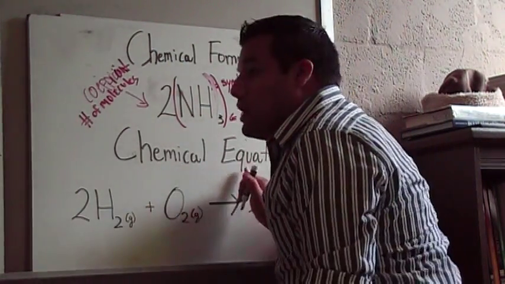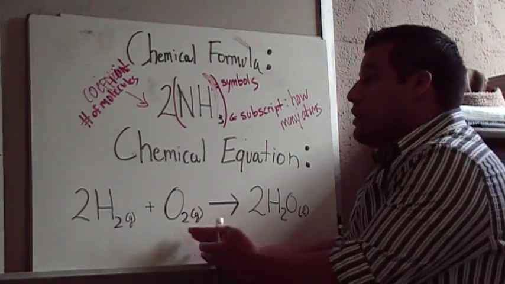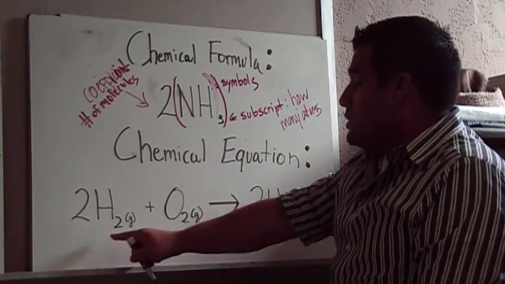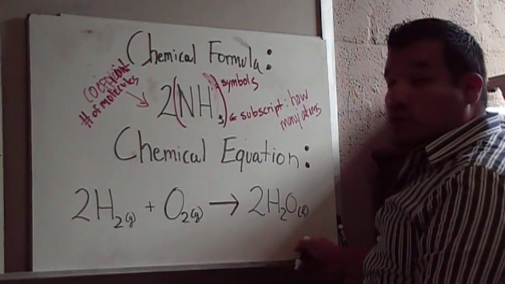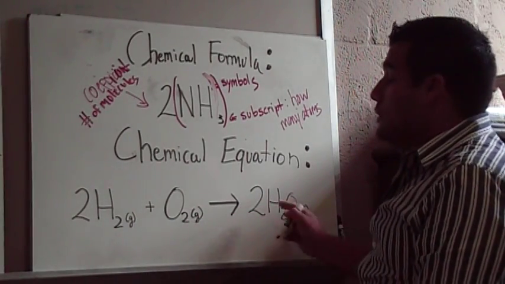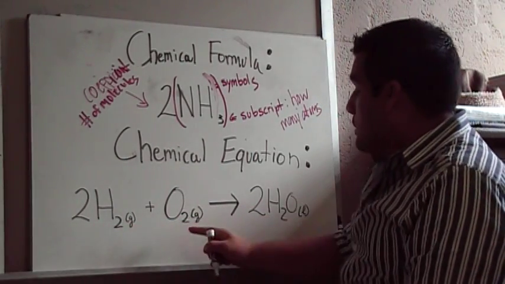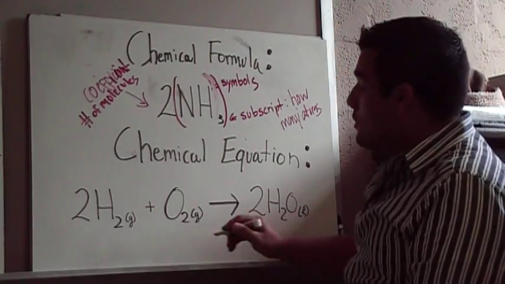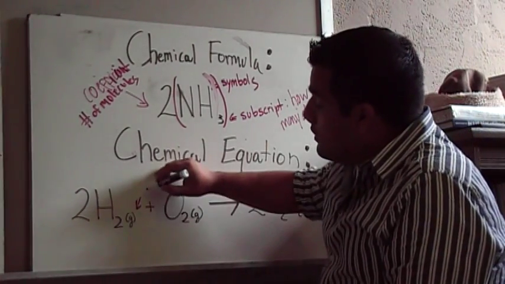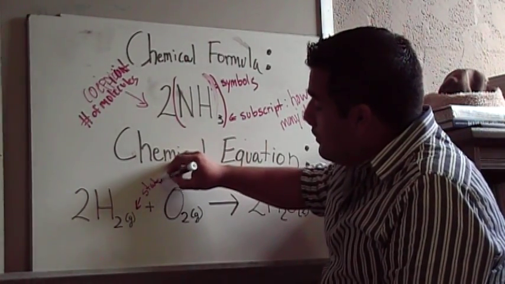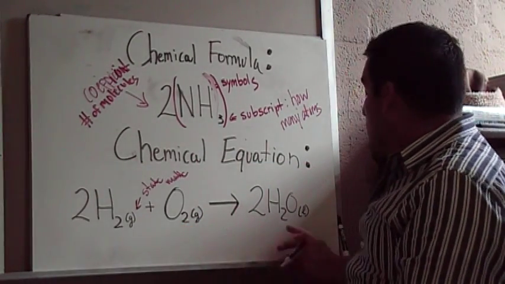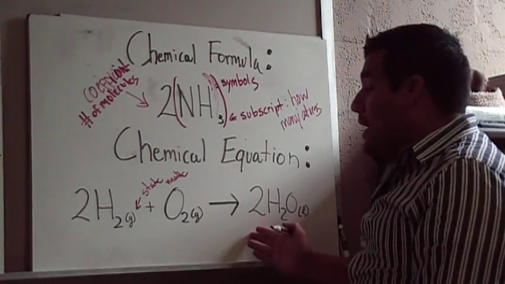A chemical equation is basically just a representation of a chemical reaction. Here we have hydrogen gas and oxygen gas, which gives us H2O, water. We have a coefficient and subscripts. You see the 2 G's and the L. This tells us the state of matter: G, gas; L, liquid; S, solid.